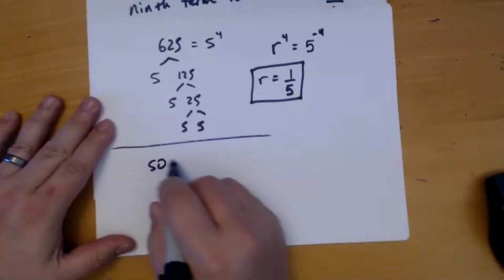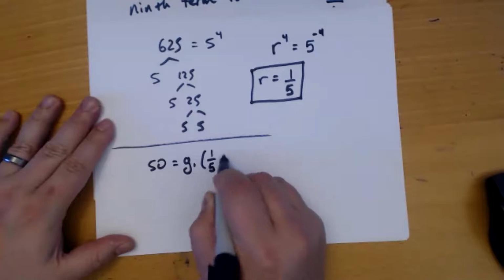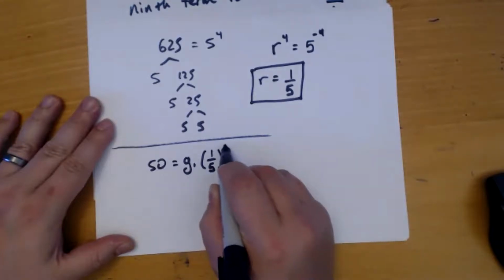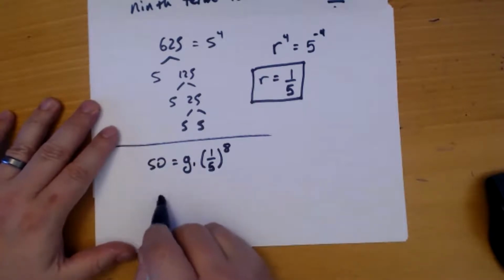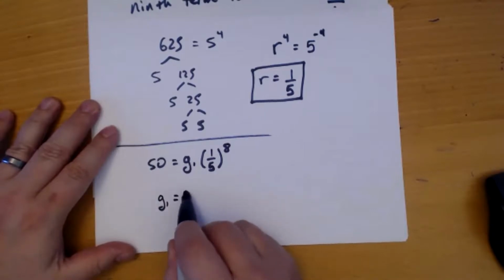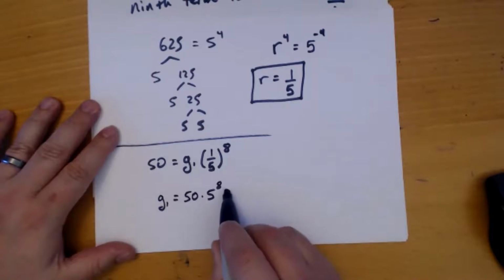So 50 is equal to G1 times 1/5, and this is the 9th term, so there are 8 of them here. Okay. And now we solve for G. So G1 is equal to 50 times 5 to the 8th.